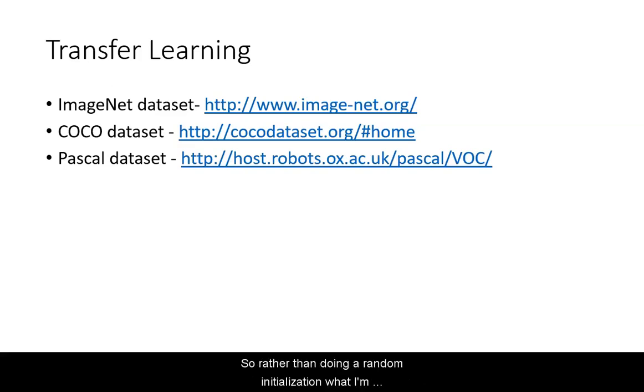So rather than doing a random initialization, I am initializing my model with pre-trained weights, which you might have obtained from a research community. So I am transferring my knowledge from some of these very large public datasets to my own problem, for which I might have a smaller dataset.